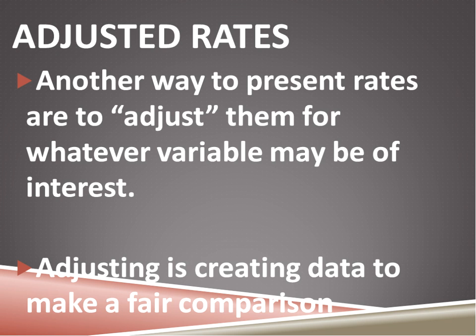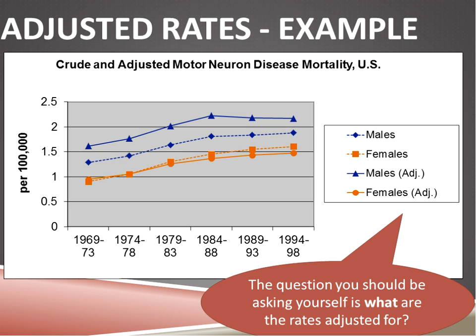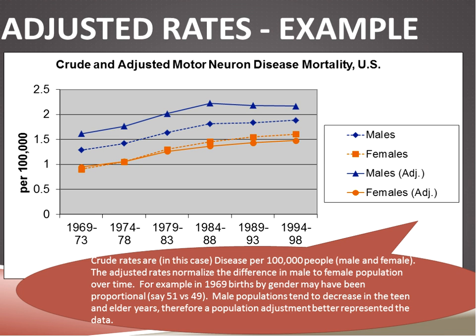Another way to present rates is to adjust them for some type of variables. This allows us to make a fair comparison. So what are they adjusted for? Crude rates are the number of cases of disease per 100,000 people, stratified by male and female.